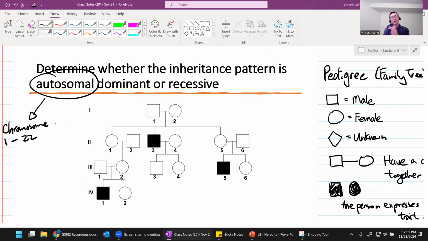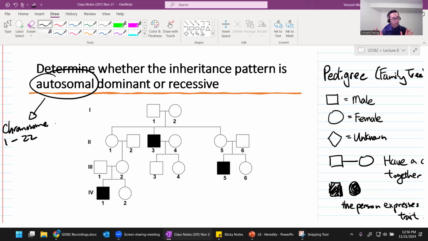If it's on X or Y, then it's called sex-linked. And we will learn sex-linked conditions next week. We won't have time today. So some things are only transmitted through the X or the Y. If it's transmitted through the Y, then only men can get it. If it's transmitted on the X, then both genders can get it. Okay.